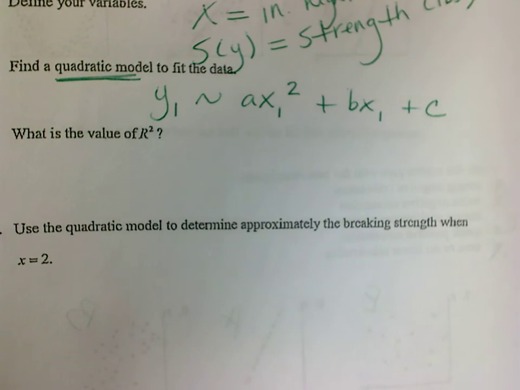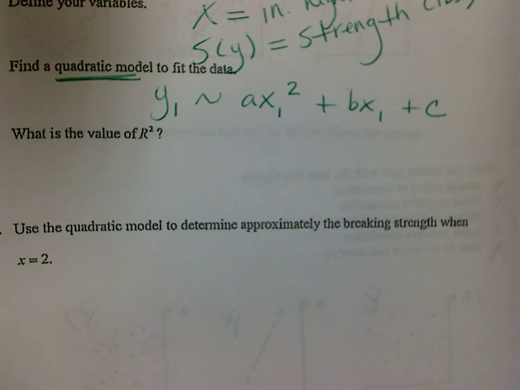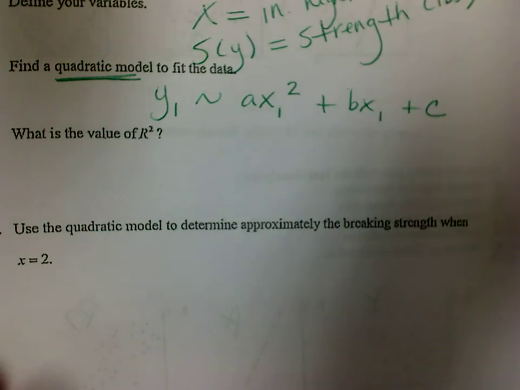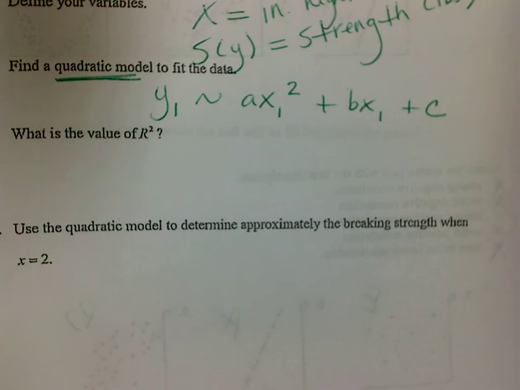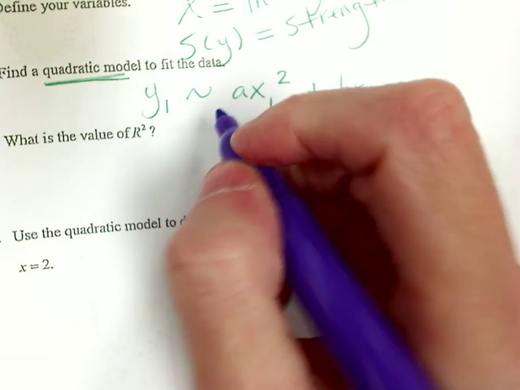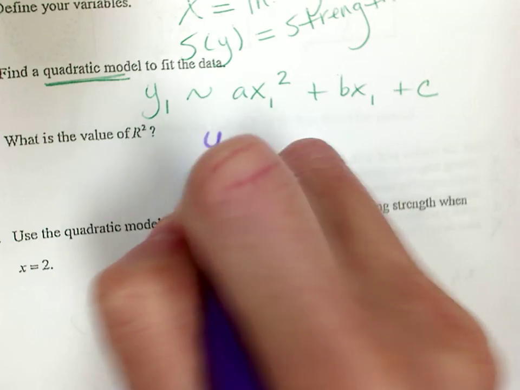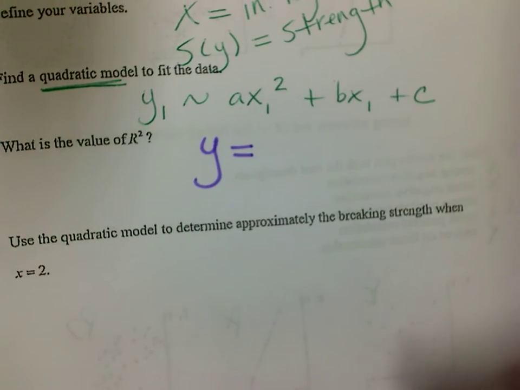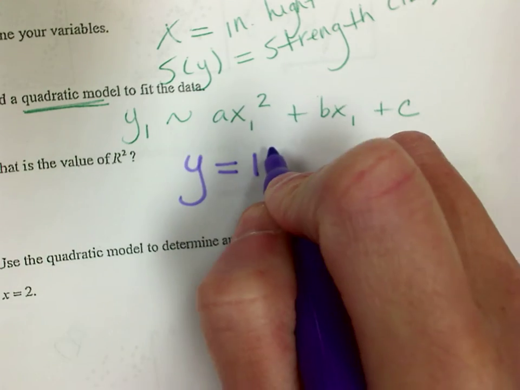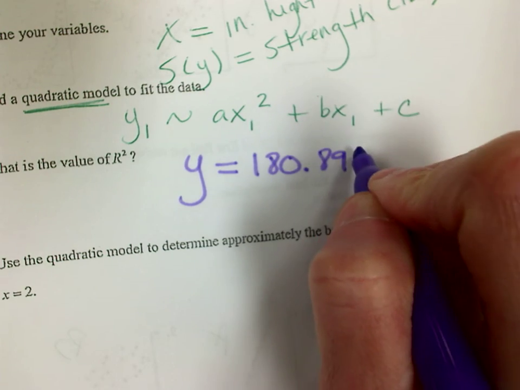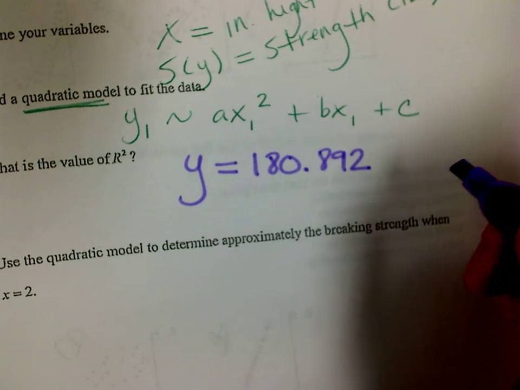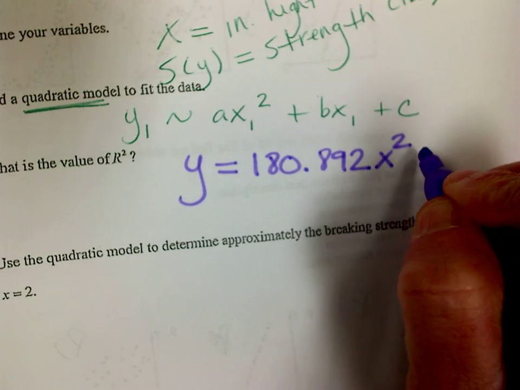I'm going to write down what you should get for an answer, because I already did this. Let me use a different color here. This is what your equation should look like, y equals. For A, you should have gotten 180.892 x squared.